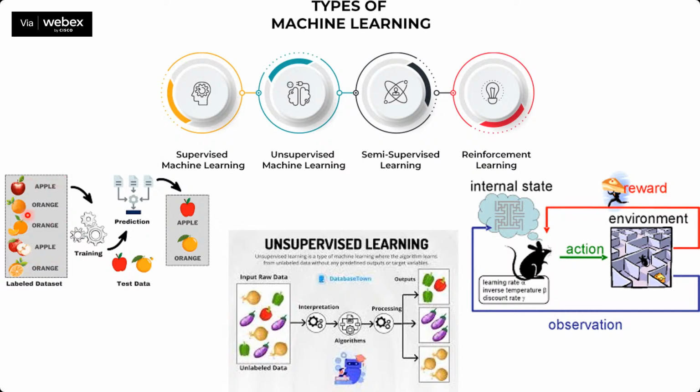For example, if we are talking about pictorial data like apples and oranges, the algorithms are able to make out that this is an apple and this is an apple. Let me try and identify what is common between these, and the other photos belong to an orange, so I'll identify what is common between the oranges.